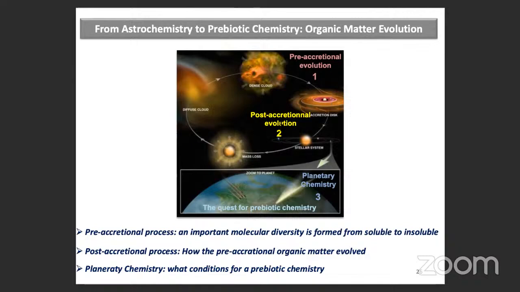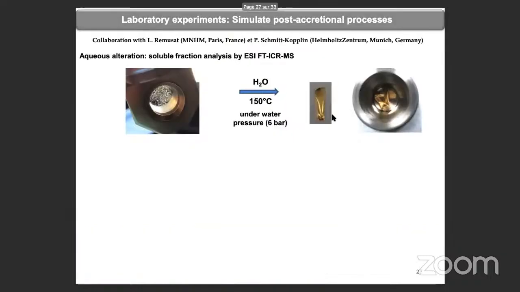So the question is that in these bodies, you can have a post-accretional evolution that leads to the transformation of the initial organic matter. To verify that, we performed very simple experiments. We took the residues that come from the ice processing. We put them in simulated asteroidal conditions, and we looked at what happened.